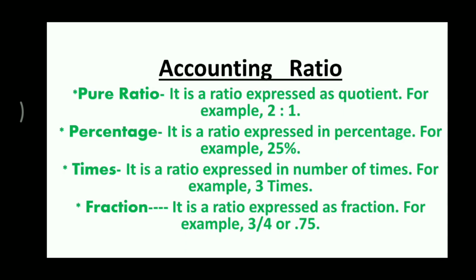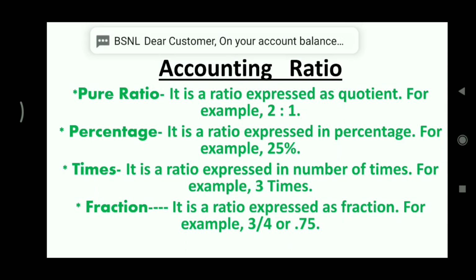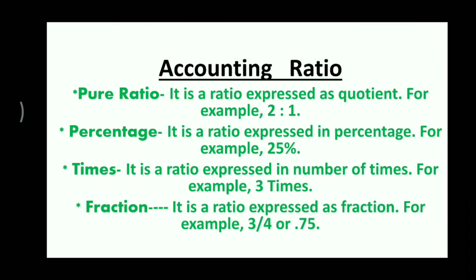As far as the expression of ratio is concerned, it can be expressed in four ways. First is pure ratio, a ratio expressed as a quotient, for example 2:1, 3:1, 4:1, 3:2. Then next is percentage, when we calculate ratio by multiplying by 100, just like gross profit ratio 25%, net profit ratio 10%.